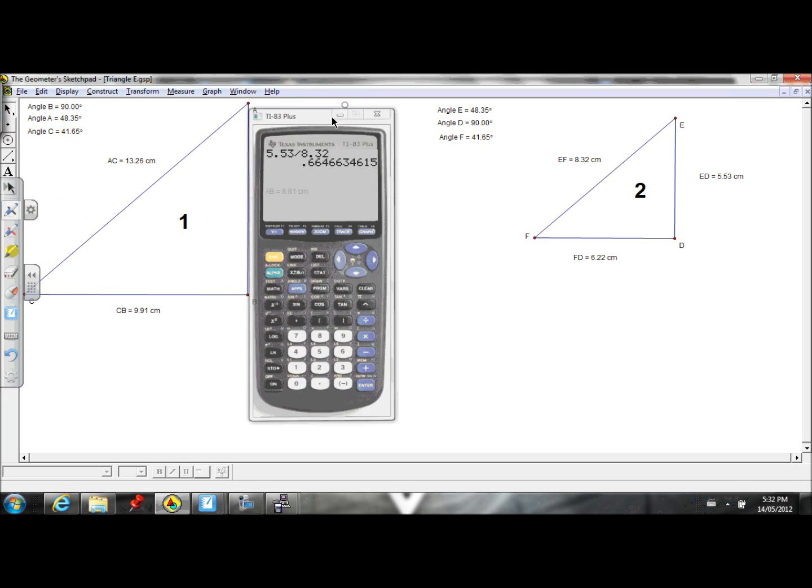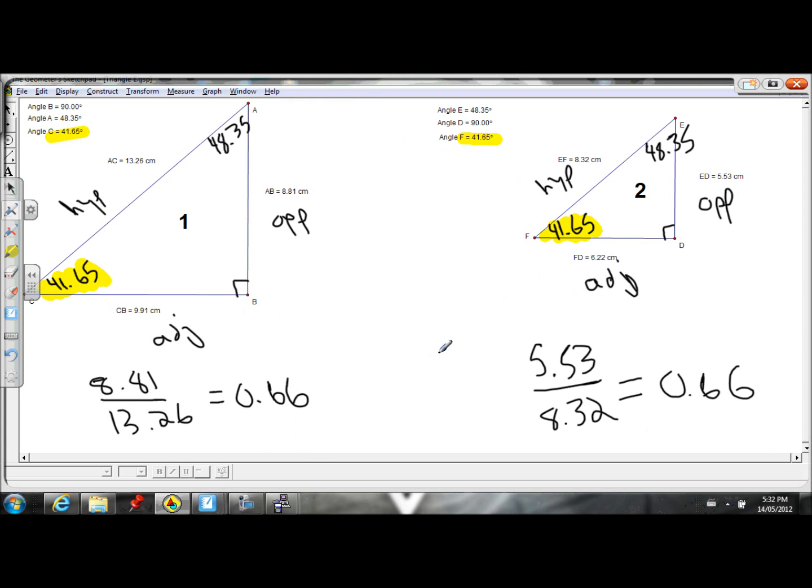So I did opposite over hypotenuse for both of these. And I found that even though these are totally different sized triangles, because they're similar, these triangles are directly proportional to each other. That's what makes these ratios exactly the same.